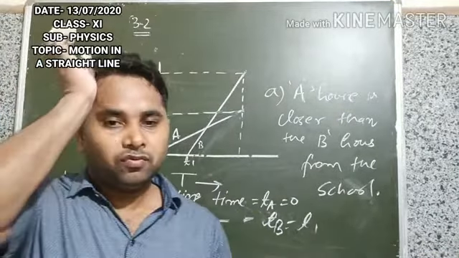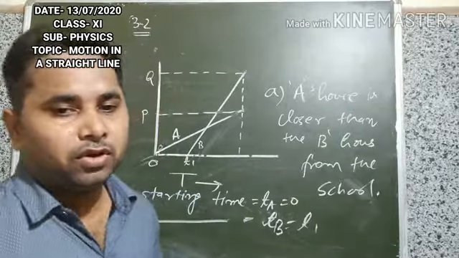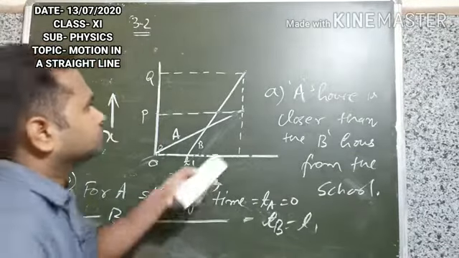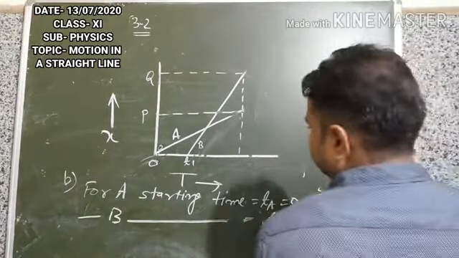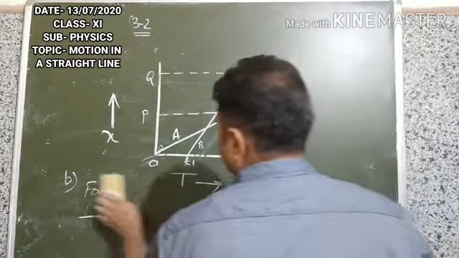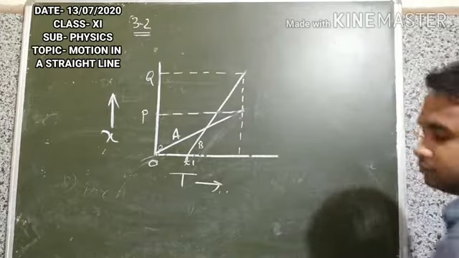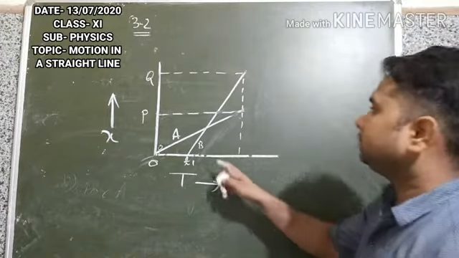A or B walks faster than B or A. ध्यान दो. Who is walking faster? Who is moving faster than the other? See here in the graph.